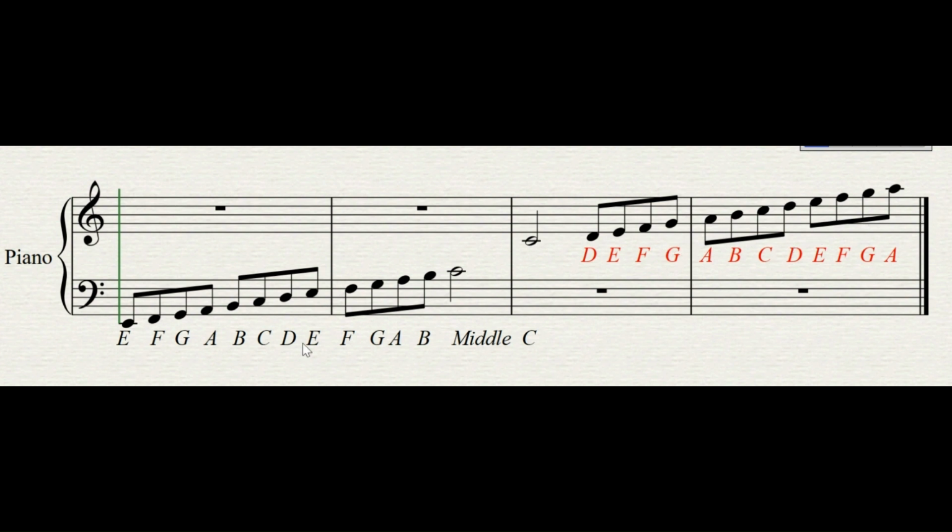A lot of times people say, well, why didn't they just make the bass clef notes in the same position as the treble clef and name it the same way? It's because they're actually one stave, a grand stave, and the notes are just a continuation of each other.